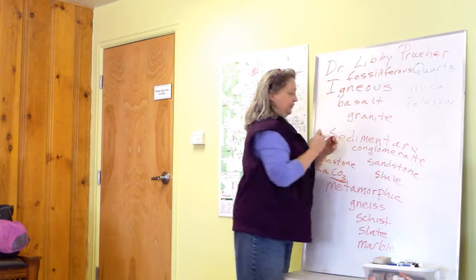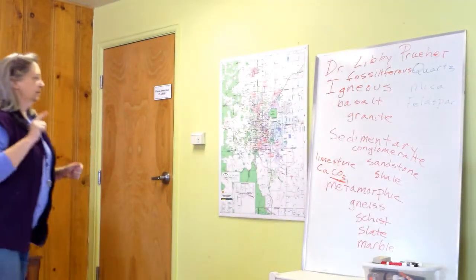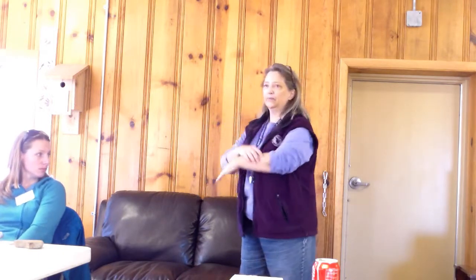That just means a rock with fossils in it. So the fossiliferous limestone, our third type of sedimentary rocks, would be those sedimentary rocks that come from some kind of organic material. So we really have three types of sedimentary rocks.